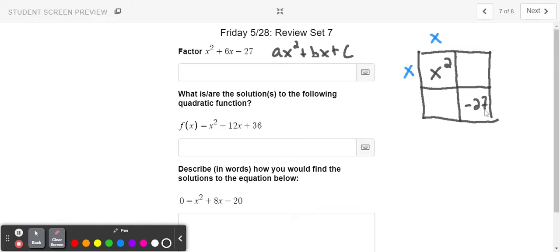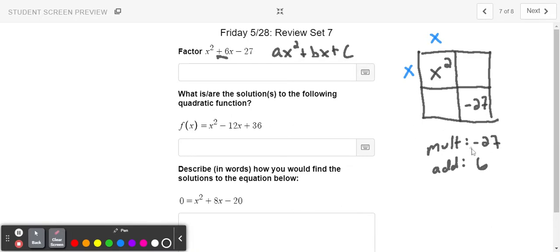Well, we want two numbers that multiply to make negative 27. Now here's the trick. Those same two numbers need to add to make whatever our b value is. In this case, our b value is 6. So add to make 6. So this is where you would use a calculator or a table or a multiplication chart or something like that to find those two values.